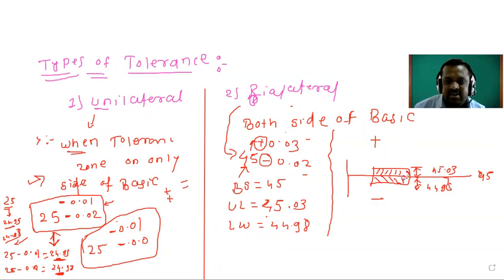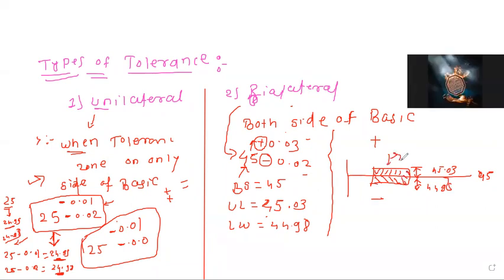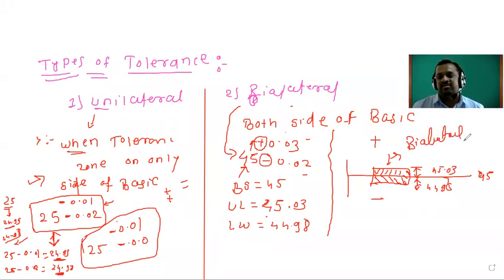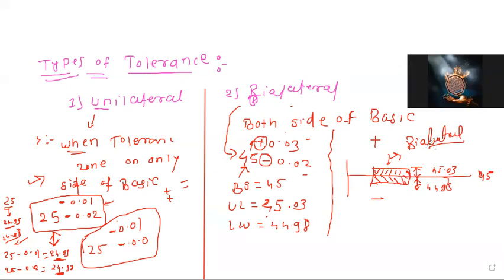So this system is called the bilateral tolerance. Understood? Yes, sir.